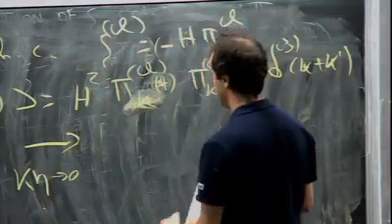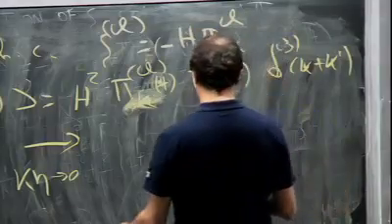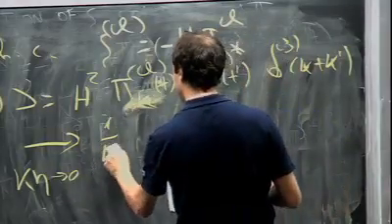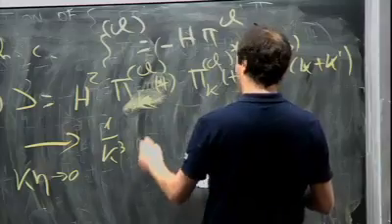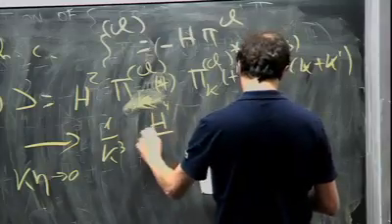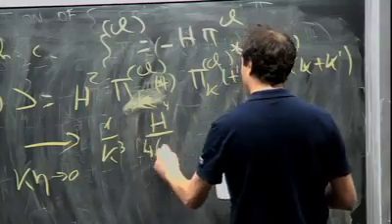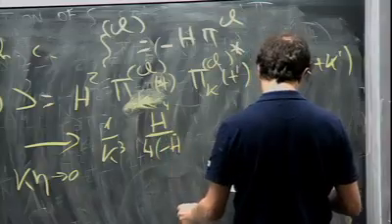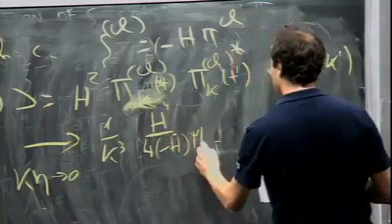when the mode is way outside the horizon, the solution reads 1 over k cubed, H to the fourth over 4 minus H dot, and so on.